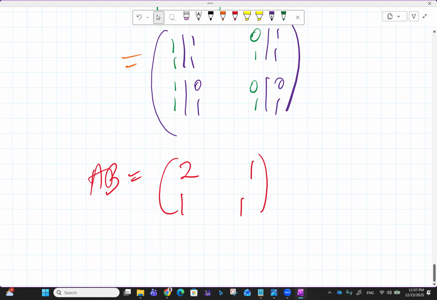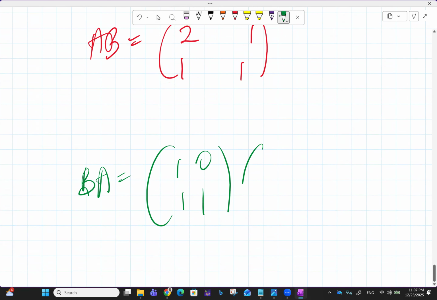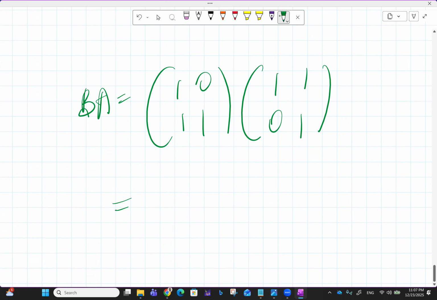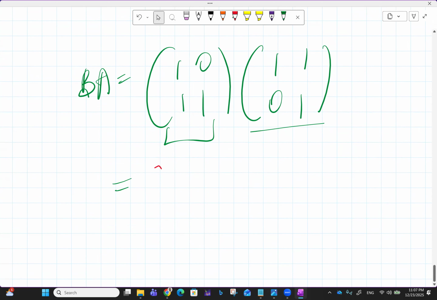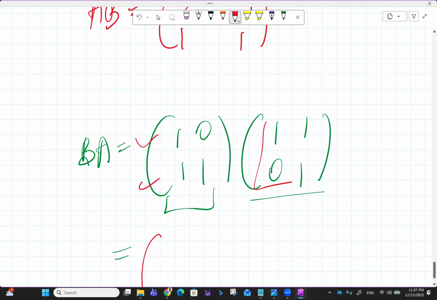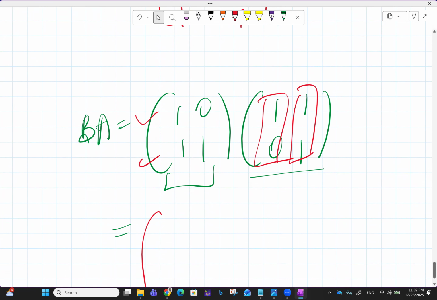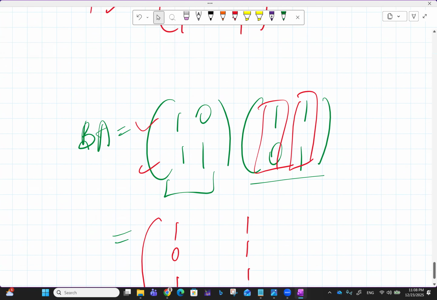On the other hand, imagine you now need BA. BA now is B multiplied by A. Again, leave this one alone and focus on this first. You check the number of rows here. You have 2 rows, so that means you write each of these twice. That means you have 1 0 1 0 and then you have 1 1 1 1.